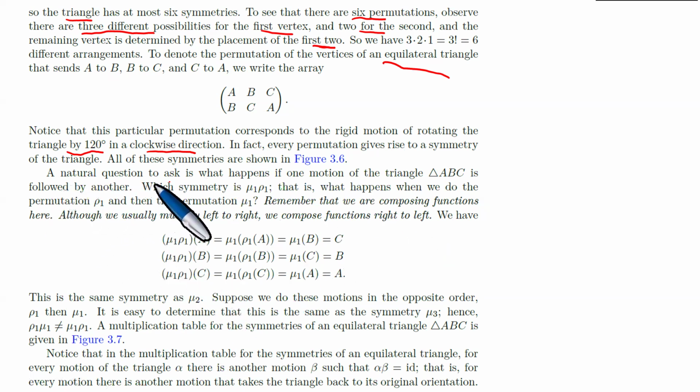A natural question to ask is what happens if one motion of the triangle ABC is followed by another? So the author of the book is then saying, which symmetry is mu1 rho 1? That is what happens when we do the permutation rho 1 and then permutation mu1.